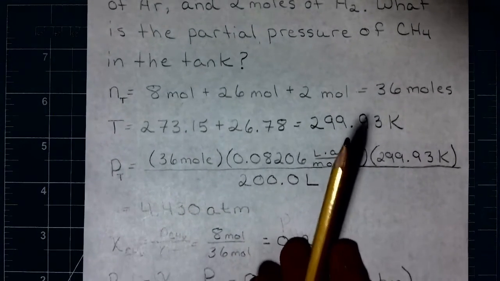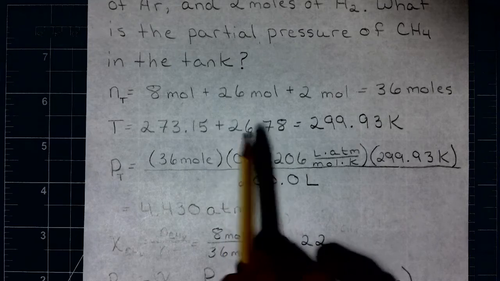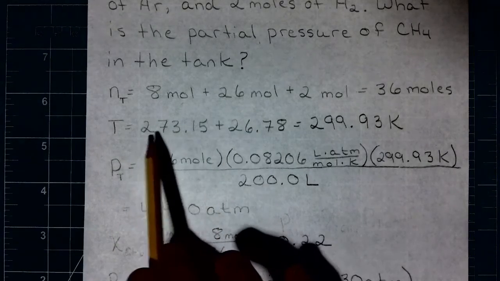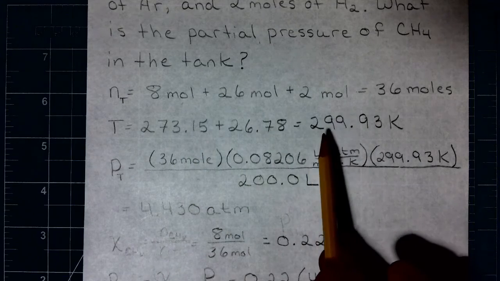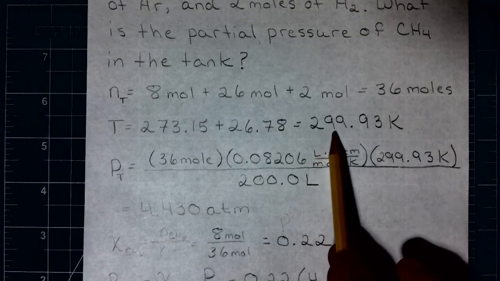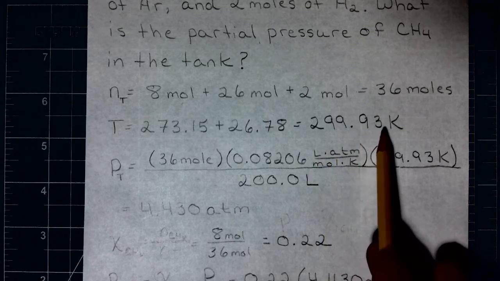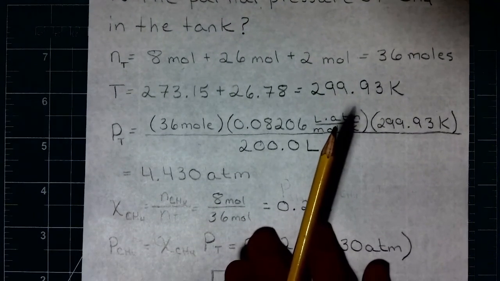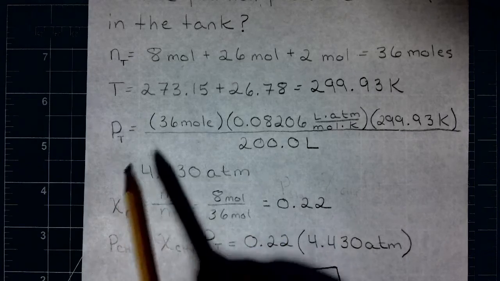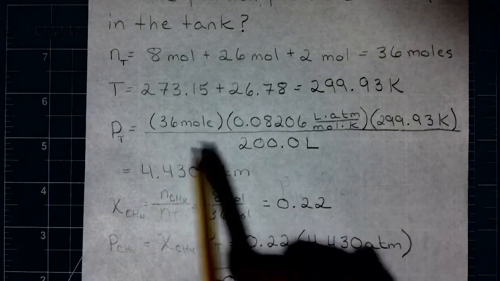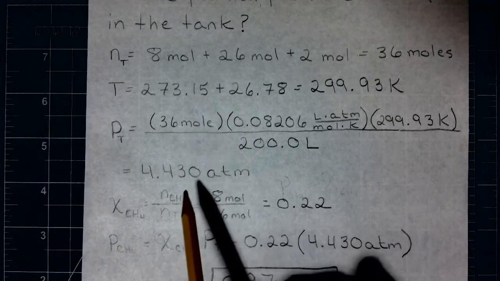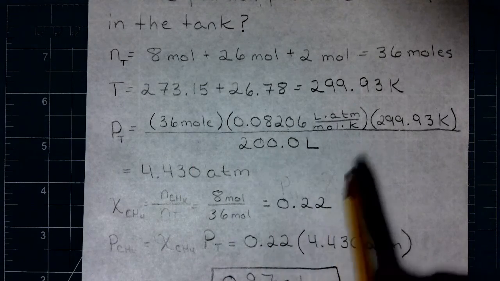The temperature, again, was not conveniently given to us in Kelvin, so we're going to have to convert that temperature to Kelvin. By adding 273.15, we get that the temperature inside the container is 299.93 Kelvin. And then we plug all that into our ideal gas law equation, the same one that we just used. We have the number of moles, 36 moles. We have our R value.